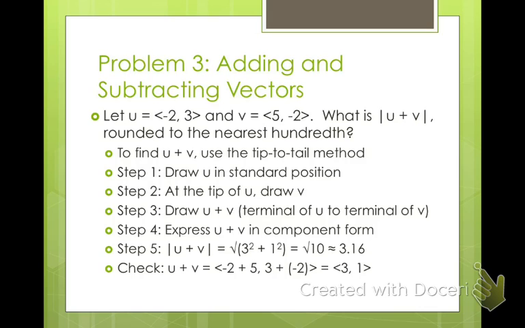And then you can check by plugging it back in, and you get 3, 1. So if we did u minus v, same rules apply, except instead of 3 squared plus 1 squared, we do 3 squared minus 1 squared. And 9 minus 1 is 8, and the square root of 8 is 2.83. So that's what you should get for that one.